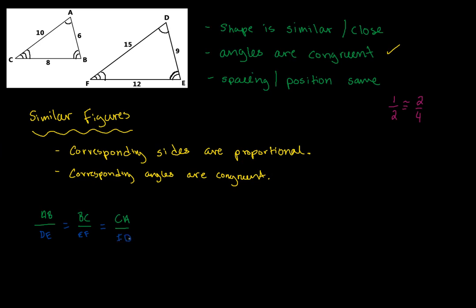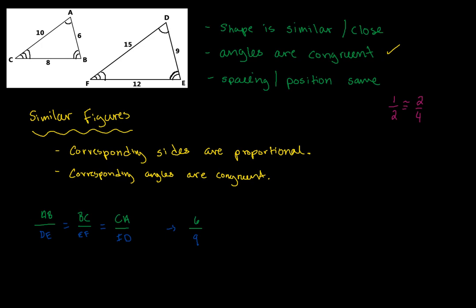Now, if we plug this in, this should be true. If we plug in the measurements and reduce the fractions, this should be true. So let's take side AB. We know side AB is 6. We can see that that's a 6. And we're going to place that over the length of side DE, which we see is 9.